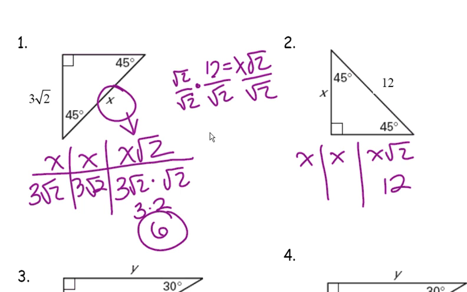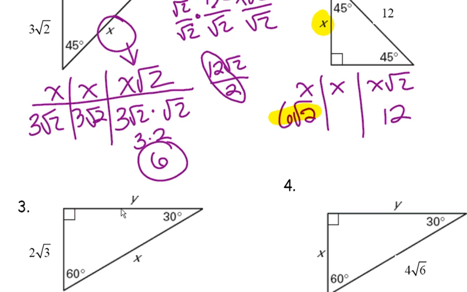That means on top we get 12 radical 2, and on the bottom, radical 2 times radical 2 is radical 4, square root of 4 is 2. Well, these can divide, so 12 divided by 2 is 6, and I keep the radical 2. So this is the answer to my leg. Sometimes it's not quite as simple as just multiplying by radical 2 to get your answer.